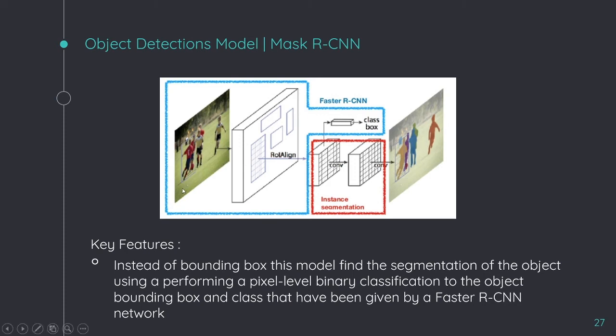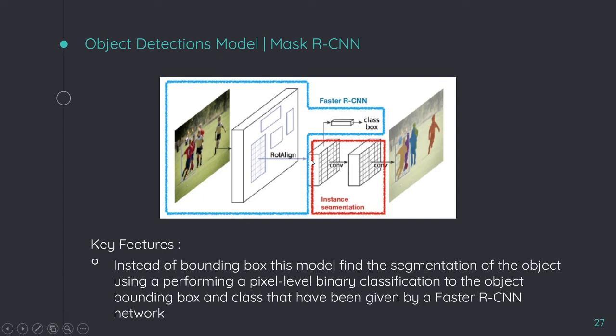So as you can see in this image, the people in this image will have a mask segmentation that will be provided as output in the Mask R-CNN model. This model is adding another branch in the output. This one.